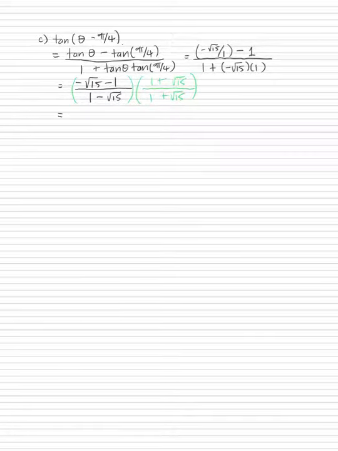Okay, now multiply it out, then we get negative root 15, and then minus 15, and minus 1, and minus square root of 15, whole thing over 1 minus 15. Okay, so let's combine, then what do we get? Negative 2 root 15 minus 16, whole thing over negative 14.